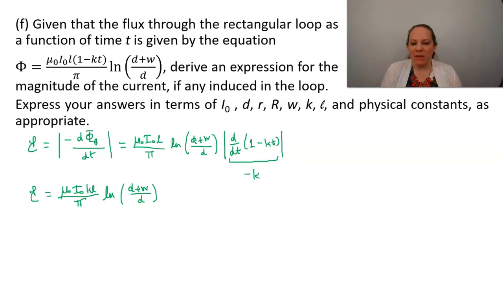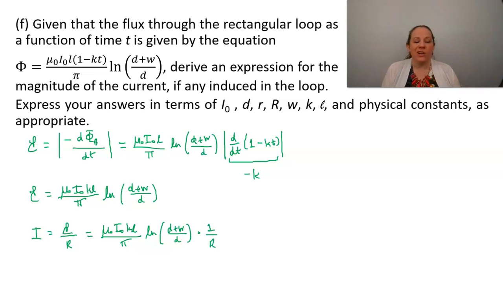Now we can get current, because of course the current is going to be equal to the EMF divided by the resistance. So we're going to take that whole great big expression for our EMF, and we're going to multiply it by 1 over r.